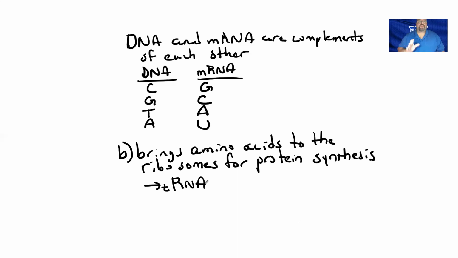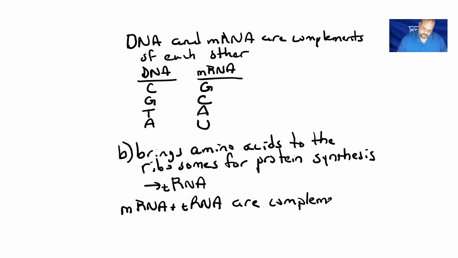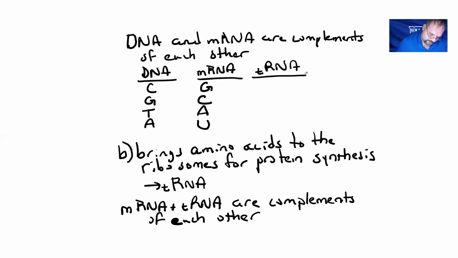Now, what's the relationship between messenger RNA and transfer RNA? Well, messenger RNA and transfer RNA are essentially complements of each other. So just to expand a little bit on the table above, we can fill in for transfer RNA.